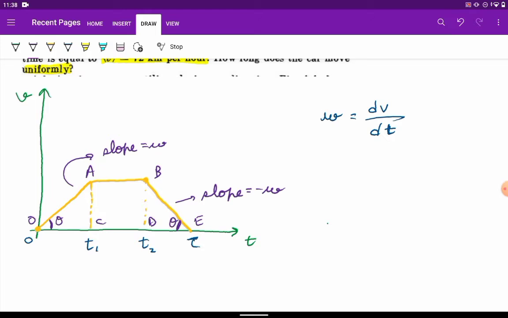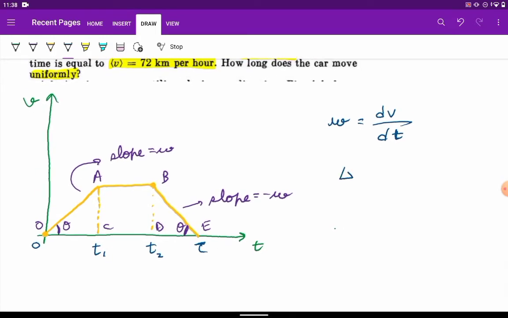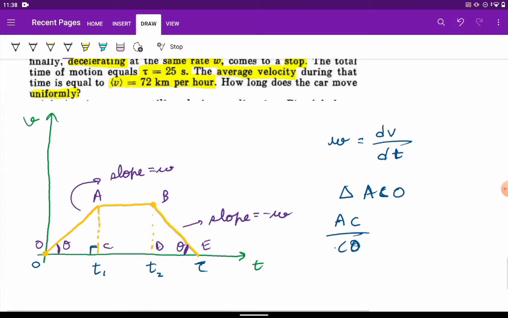So tan theta, if we consider triangle ACO, it's obviously a right angle triangle. Tan theta is AC by CO, which is the slope, which is w.